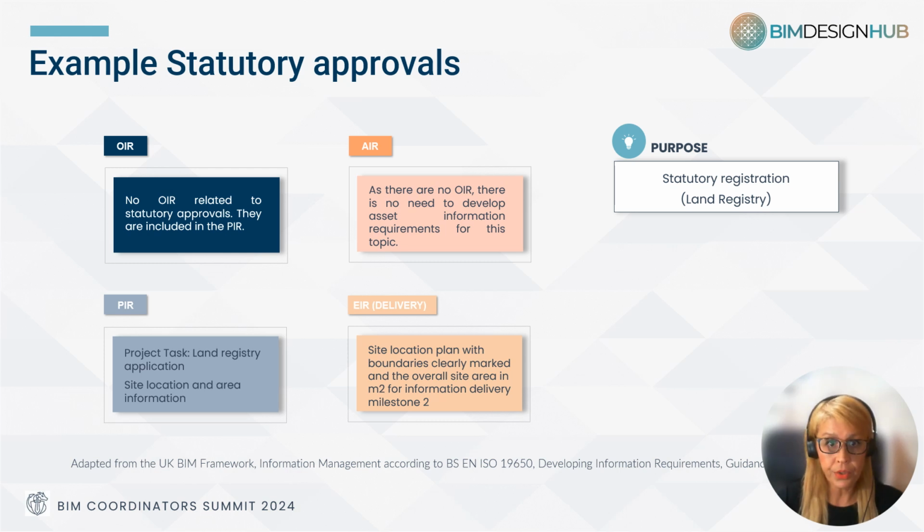The organization has reviewed the project tasks related to the land registry application and established a related project information requirement. This is the site location and area information. Next, the organization has determined the exchange information requirement, the site location plan with boundaries marked, and the overall site area in square meters for information delivery milestone number 2.